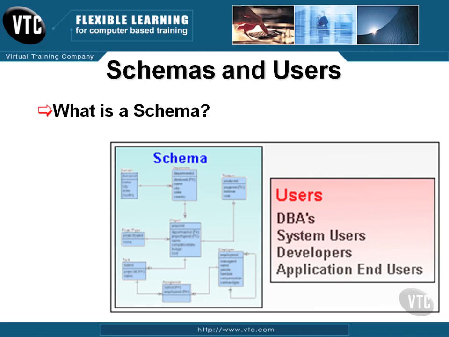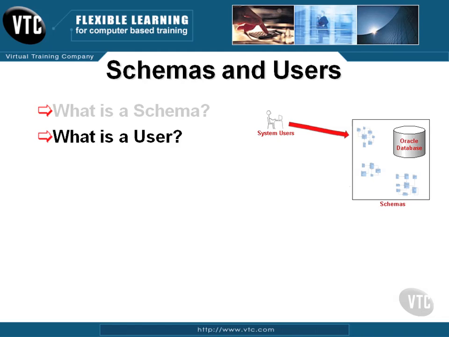So DBAs and system users have access to the entire structure. Developers have access to individual schemas and some administration ability in terms of the logical side, the schema, the tables. And the application end users generally have access to data, the stuff stored in the tables in the schema. So what is a user?